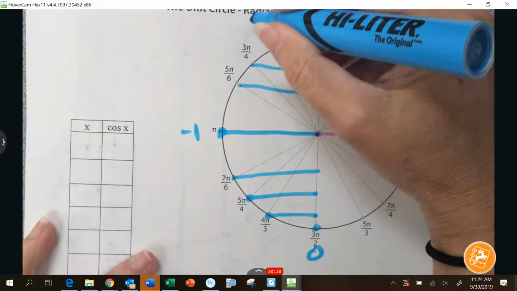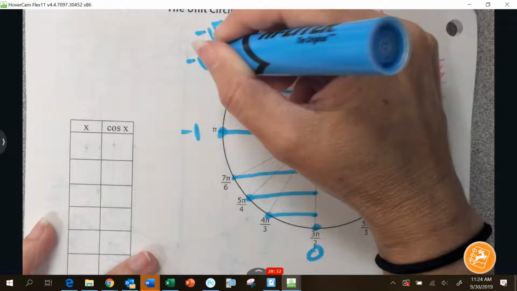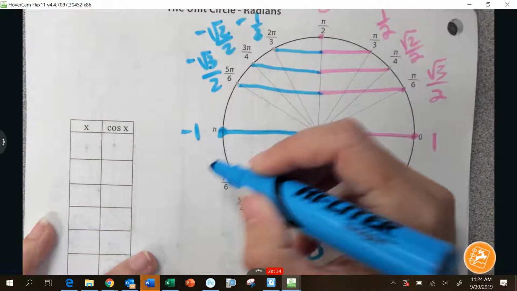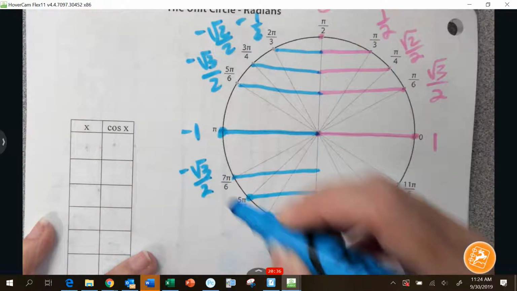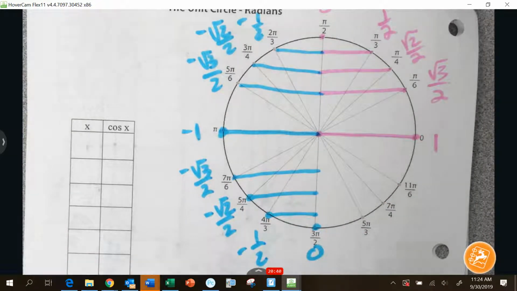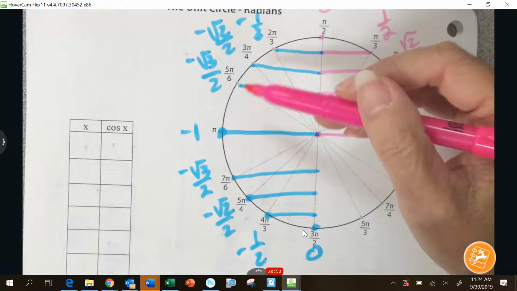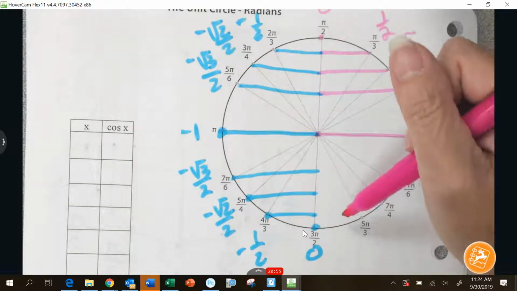And so I can fill those in really fast. And then after we go from 1 all the way down to 0, then we go negative, negative, negative to negative 1. We come back up to 0.